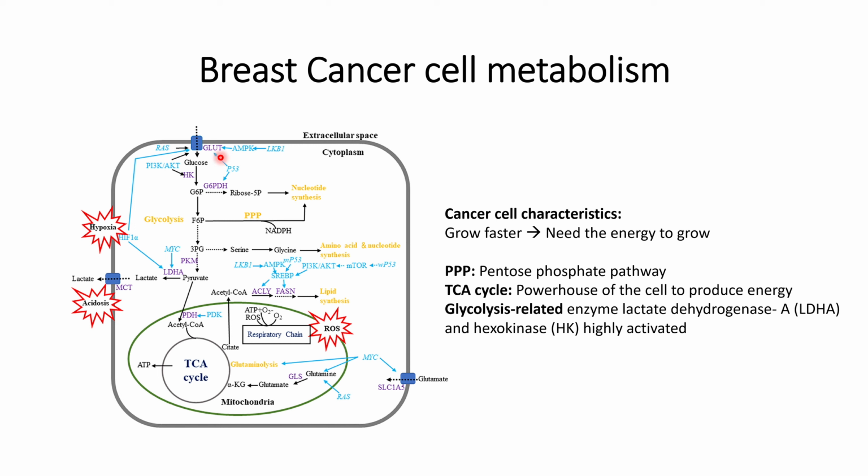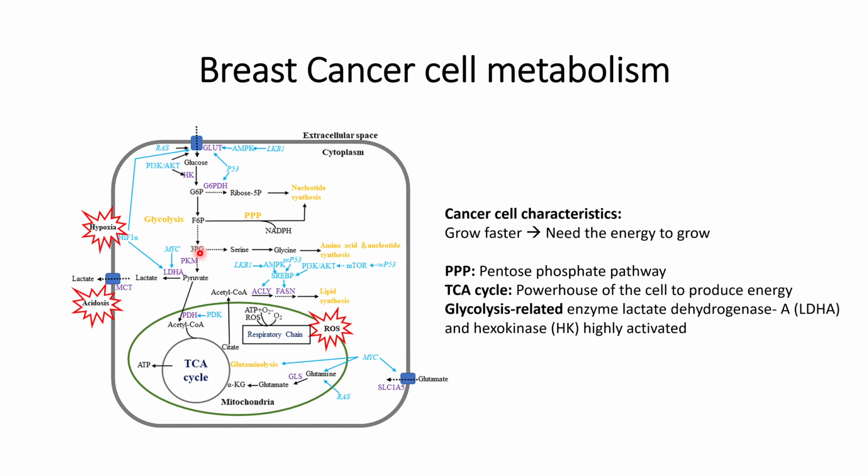More specifically, GLUT 1 to 5 and GLUT 12 are more activated in the triple negative breast cancer type. This helps more intake of glucose into the cells.